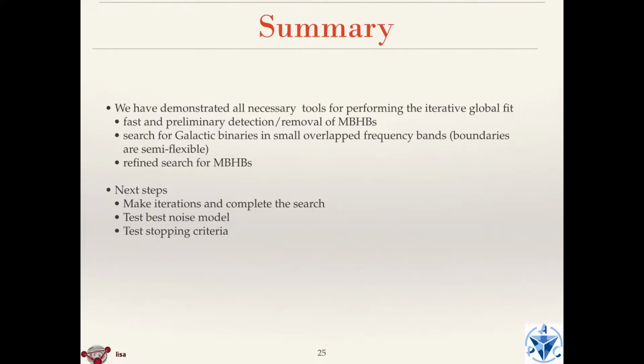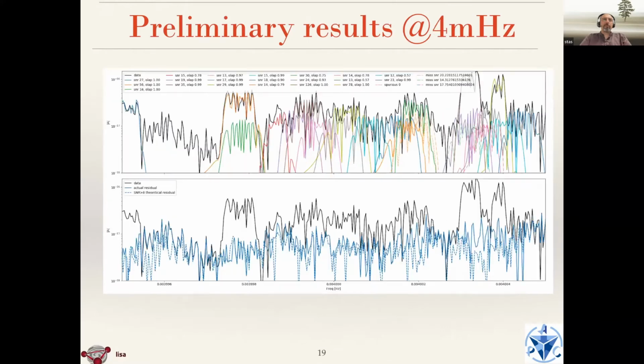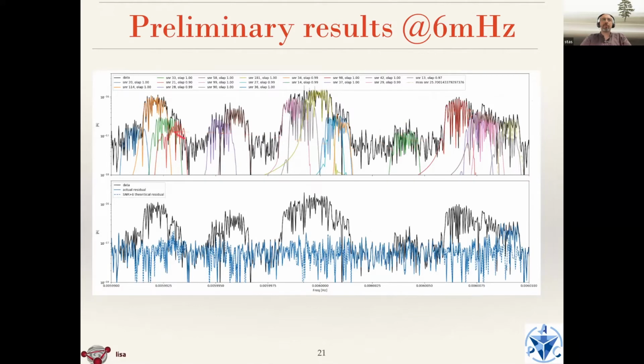Is that correct? So we tried to use sub-bands, but it turned out, if you look at this data, that there are two solutions here: either noise only or noise plus signals. So you need to connect several bands, let's say 4 millihertz with 6 millihertz, where noise is more visible.